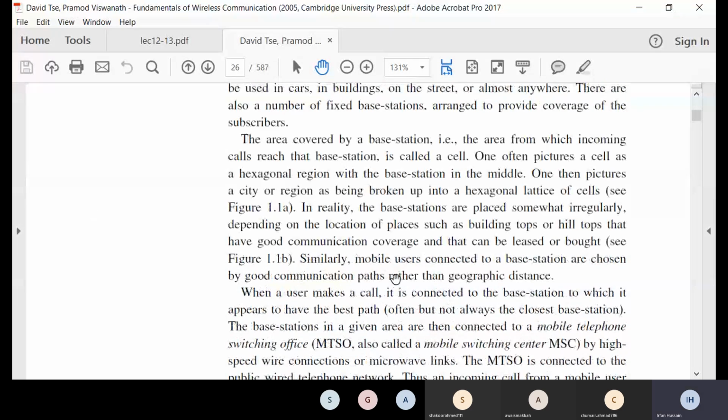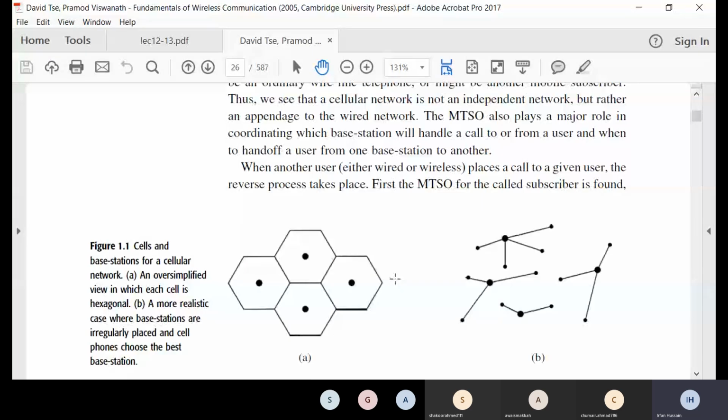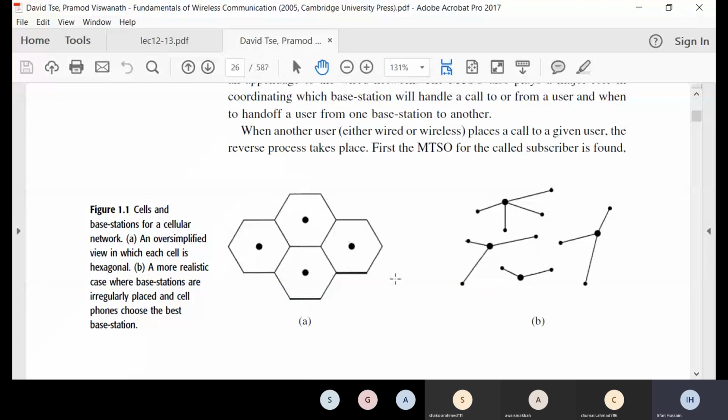You can see the coverage area divided into cells, these are the base stations and these are the cells, and then you can see that these cells are connected by a wireline to an MTSO, and you can also read about it from that chapter.